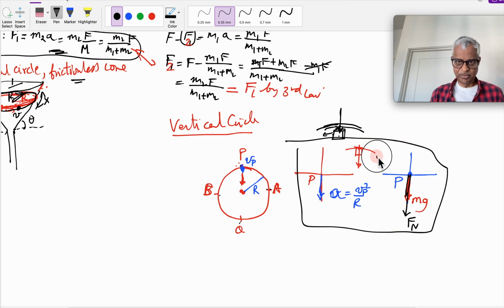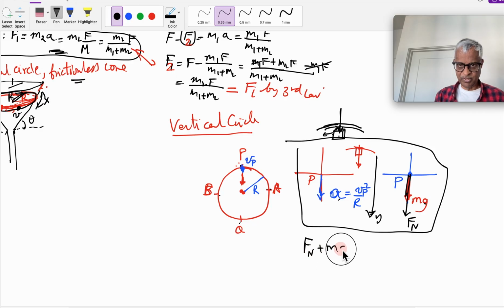If you take, say, the y-axis this way, they're all in the same axis. This plus this equals m times a. So you have Fn plus mg, and this is true for any speed at P, for any Vp.